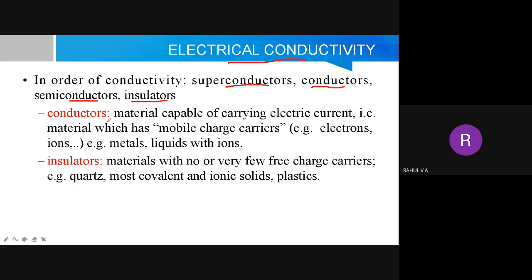So, which is a conductor? Conductor means a material capable of carrying electric current, that is, which has mobile charge carriers, that is free electrons. The materials that have free electrons are called conductors.